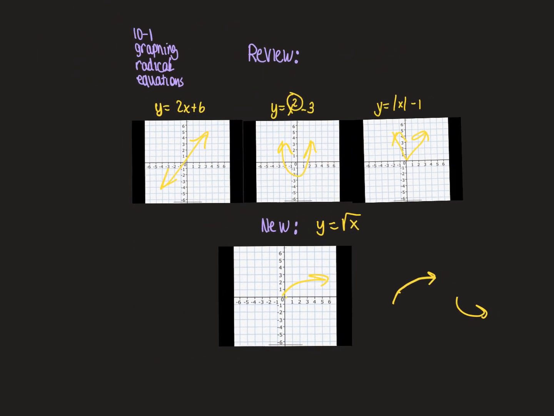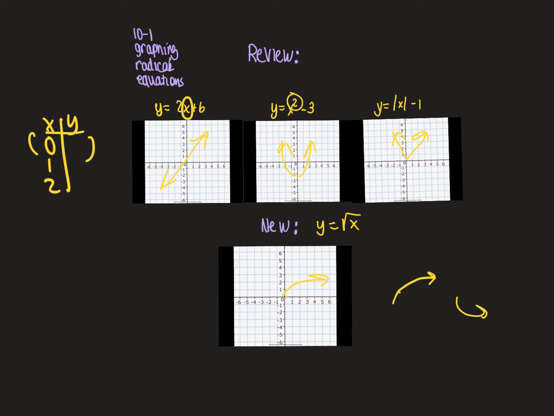Okay, let's go back and review. How did we decide where the line was going to be? Well, we had a couple of options. One option was to make a table and do our pick and stick. Like you could pick 0, 1, and 2, stick it into this equation, get an answer, then those became your ordered pairs.